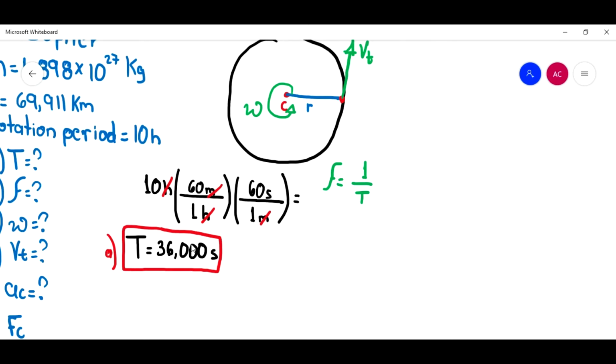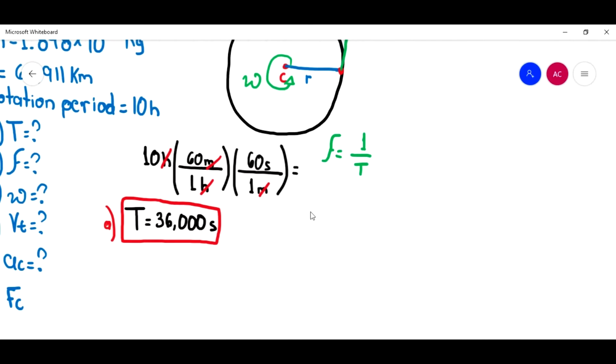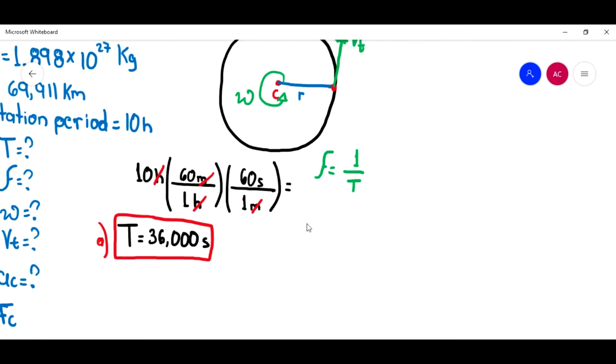Now, if you remember the definitions, period is the time that it takes an object to complete one full circle or one cycle, and the frequency is how many cycles this object performs in 1 second. So this number that we are going to find for the frequency is going to be so small because in 1 second Jupiter is not going to do a full circle.